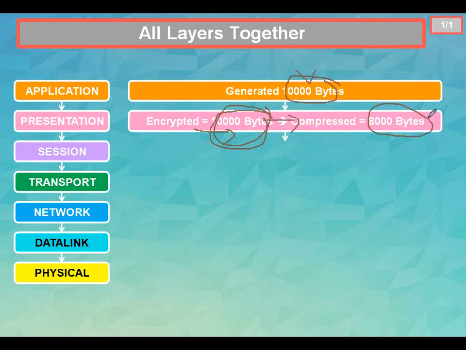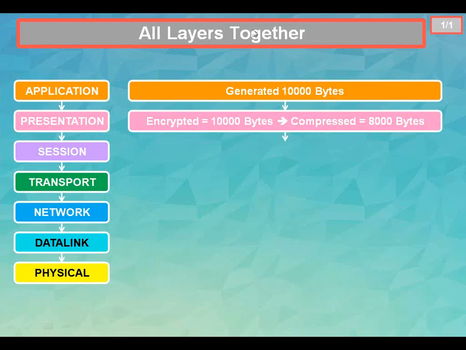So what has happened? Compression worked out, 2,000 bytes of saving. So how has your application data been processed so far? The original data has been converted into a secret format, and it has also been compressed. Processing occurred or not to your original data?